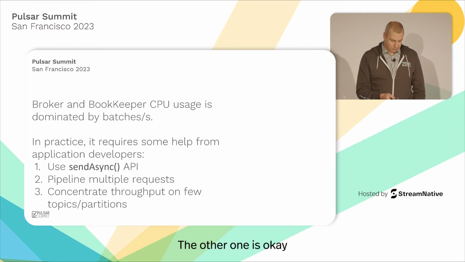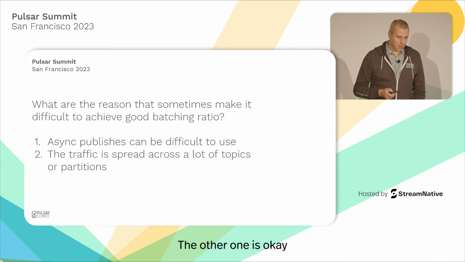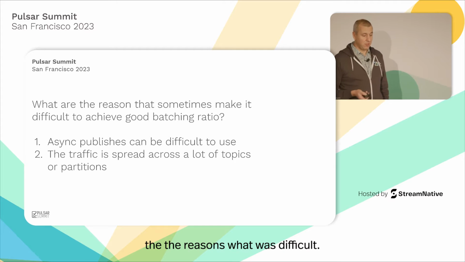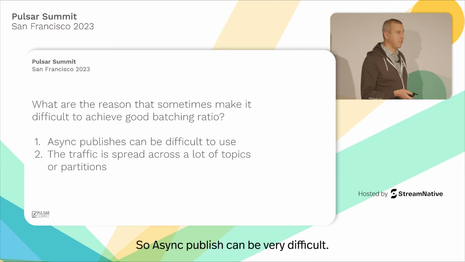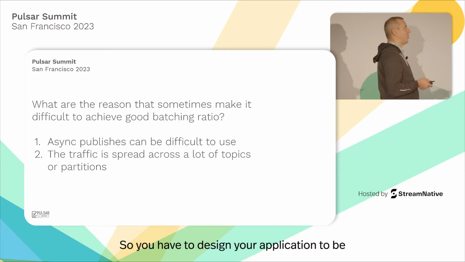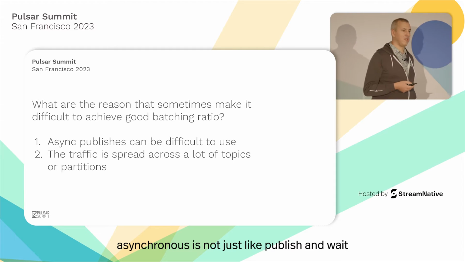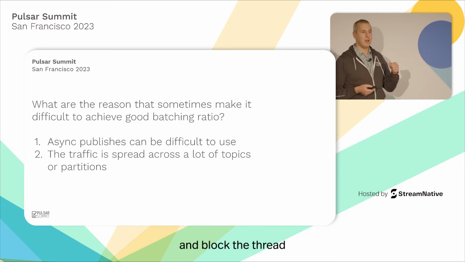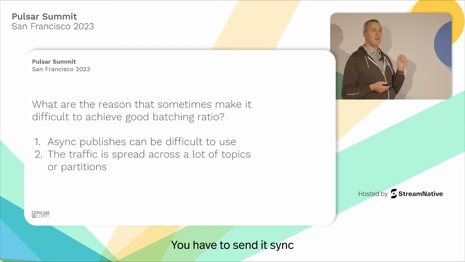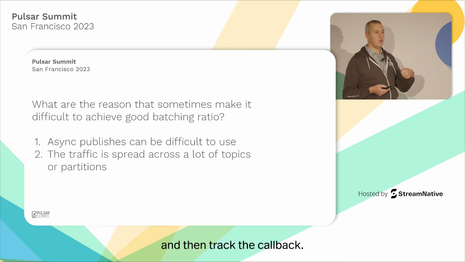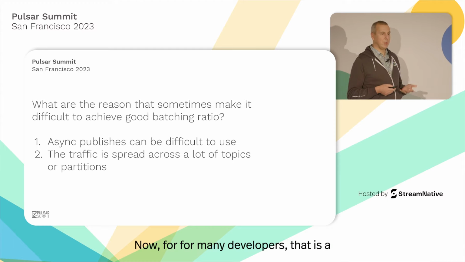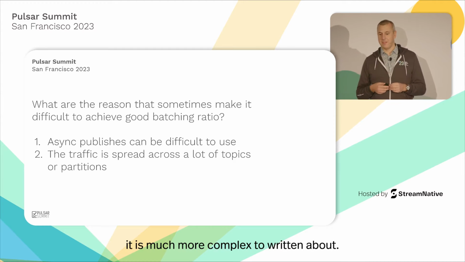The other one is the reasons where it's difficult. Async publish can be very difficult. You have to design your application to be asynchronous. It's not just publish and block the thread until the message is published. You have to send async and then track the callback. For many developers, it's much more complex.